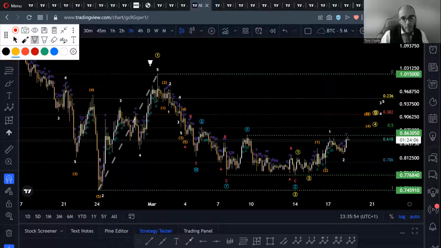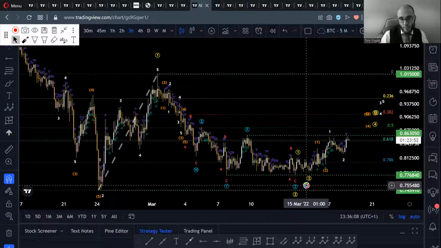Since you have wave 1 up here and wave 2 down here, you would exit once wave 3 is accomplished. So that's for Cardano.